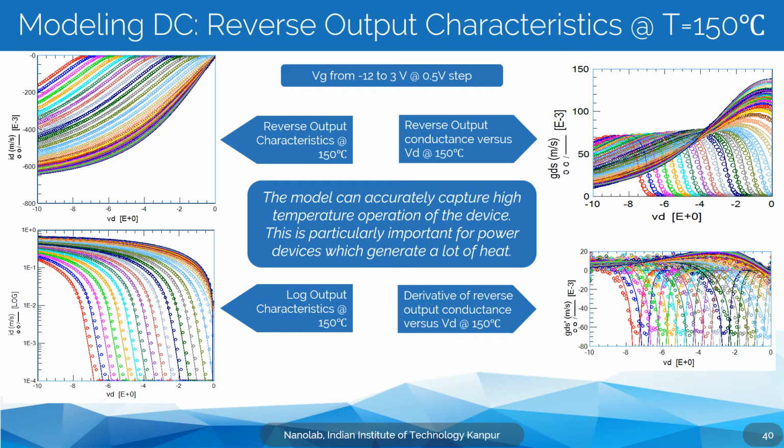We go up to 150 degrees, and you can see the model is able to capture the device characteristics very clearly. So you can see the dynamic range in terms of temperature scaling of the ASM-HEMT model. We have validated from -20 to 150 degrees Celsius, and we're sure the model will be able to go beyond that. It's just that we have not validated for data beyond this temperature.